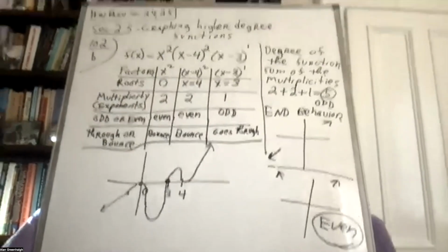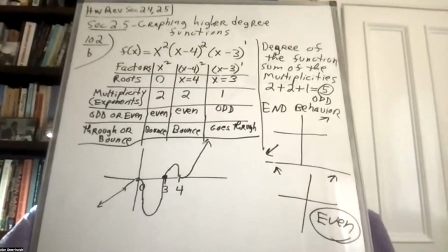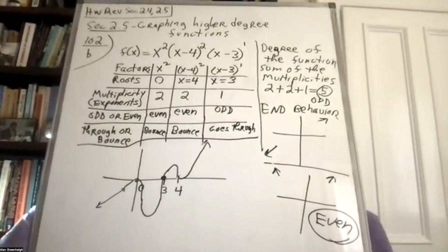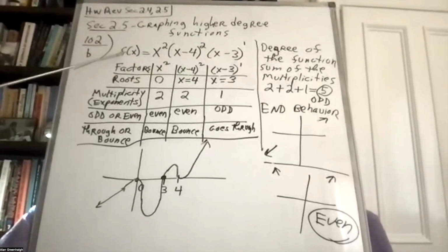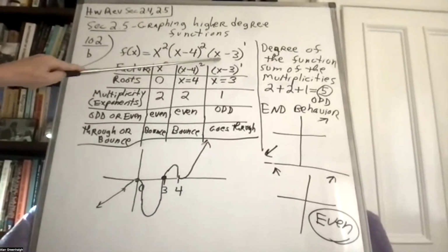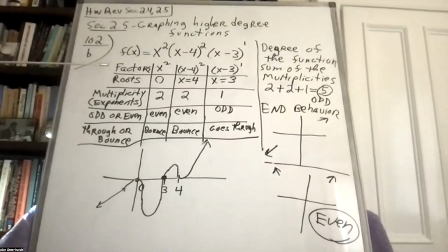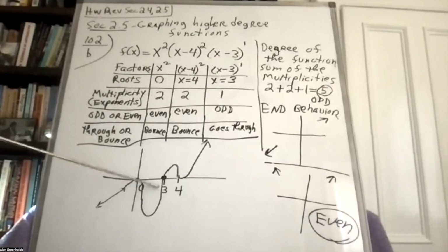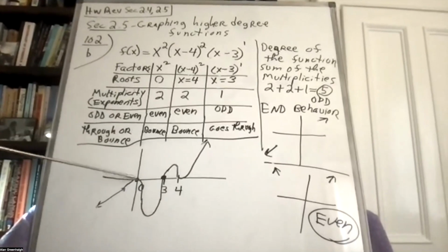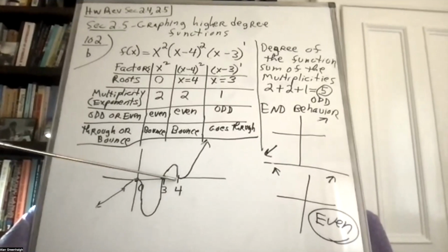And this, again, will be a question on the next test. You will be given something that looks like this, and you will be told to find the factors, the roots, the multiplicity, determine whether it's odd or even, whether it goes through as it did here at 3, or whether it bounces as it did here at 0 and at 4.